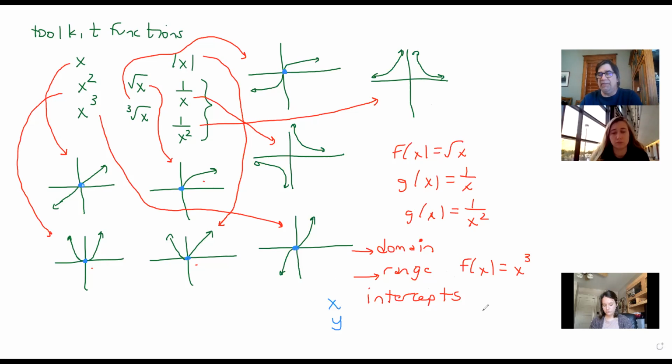But intercepts are points, and notice the way these points are written. For an x-intercept, you want the y-coordinate to be 0. For the y-intercept, you want the x-coordinate to be 0. So intercepts are actually points. These are places where the graph will intersect the axis. Sometimes they intersect and then go back up.